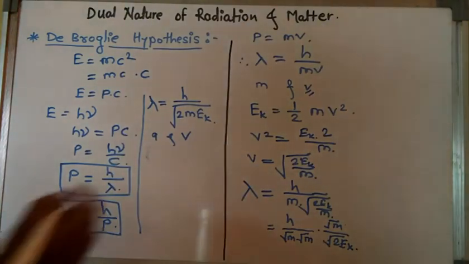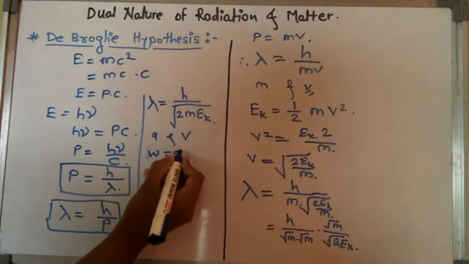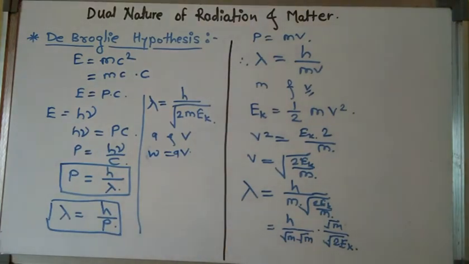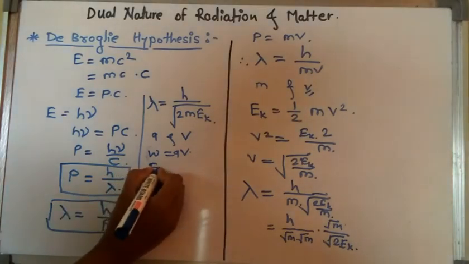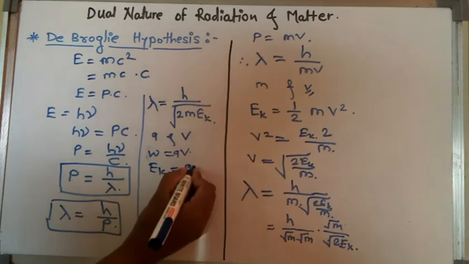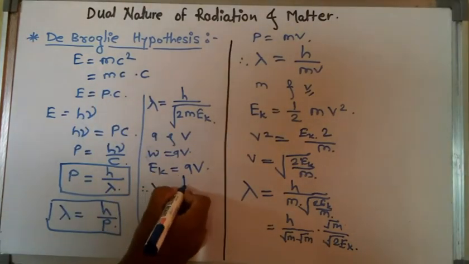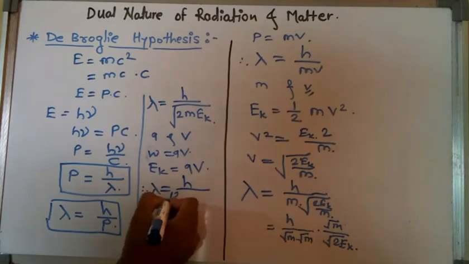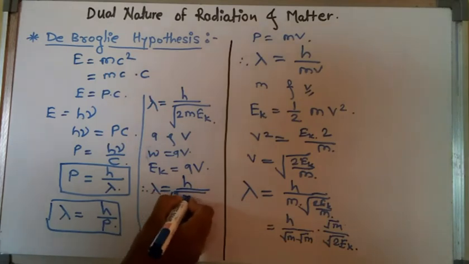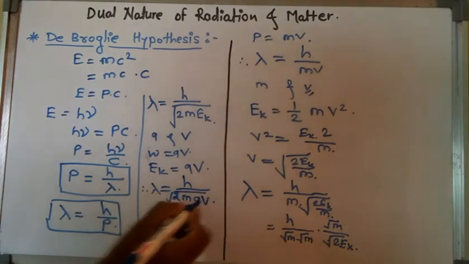That work done W is equal to charge into the potential, and therefore this work done is equal to the kinetic energy of that particle. Therefore this EK is also equal to q into V, and therefore lambda is equal to h divided by square root of twice m into q into V.